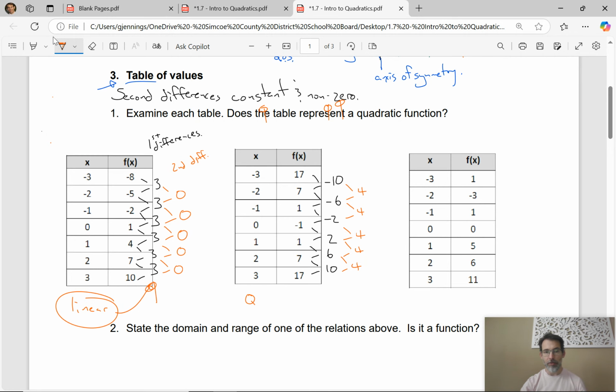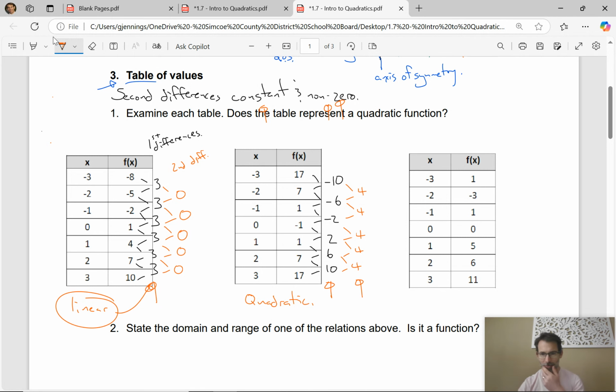So this one is absolutely quadratic. And we can see that it's constantly changing, but the rate at which the f of x values are changing is changing. And the rate is changing by 4 at every step. That's why you get a curve with a really predictable pattern, because the rate at which the curve changes is constant.